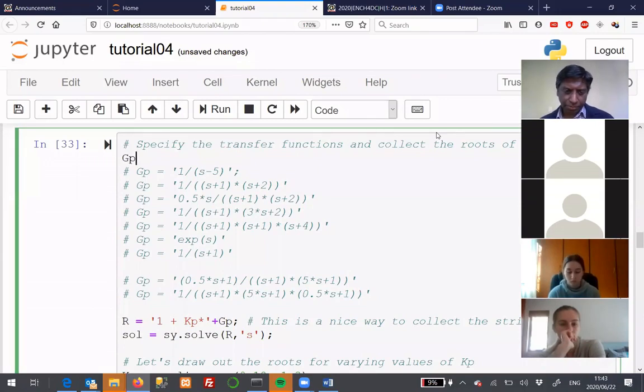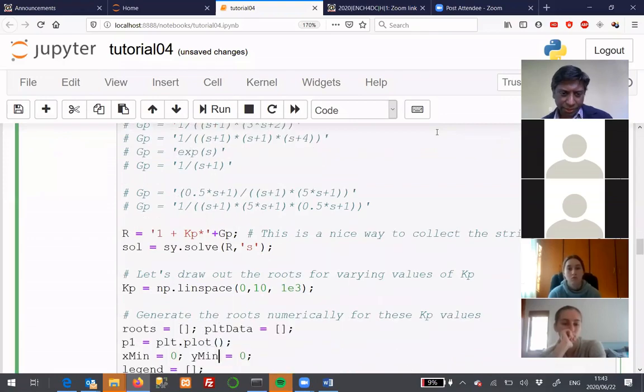We set here Gp equals 1 over s plus 1. Then let's just set a small value for Kp, so let's say 1e minus 3.